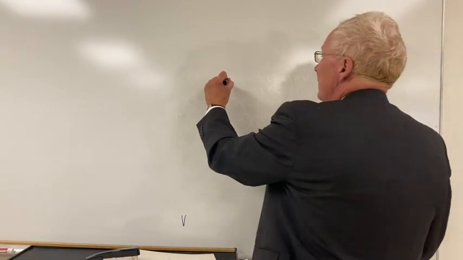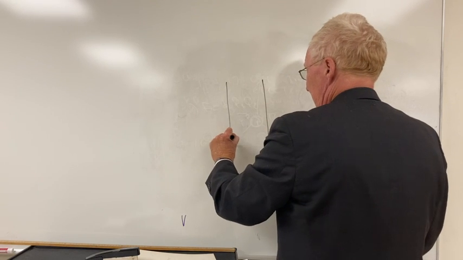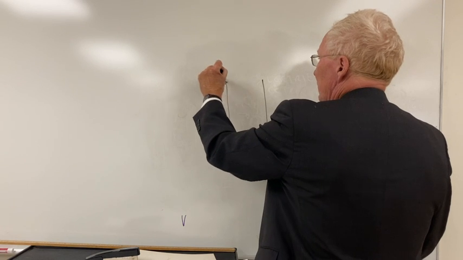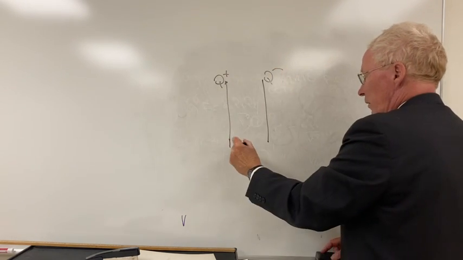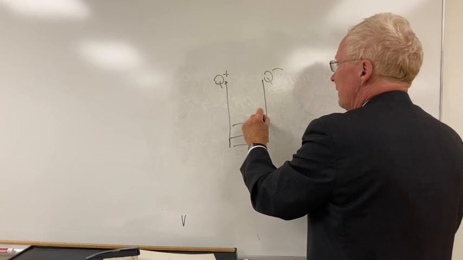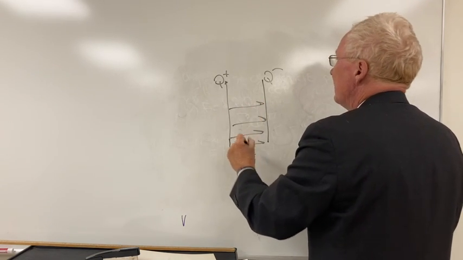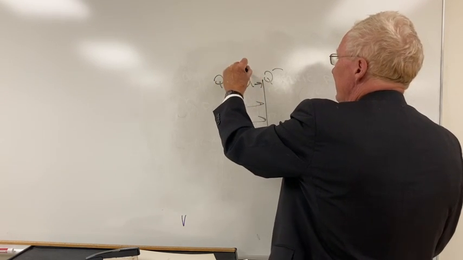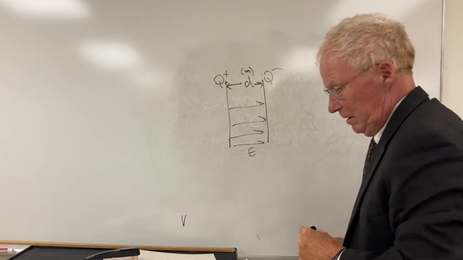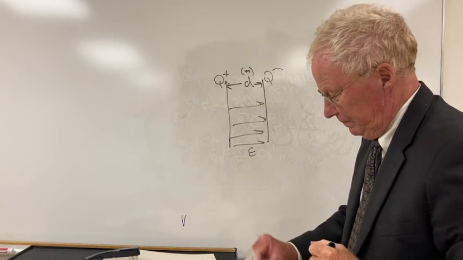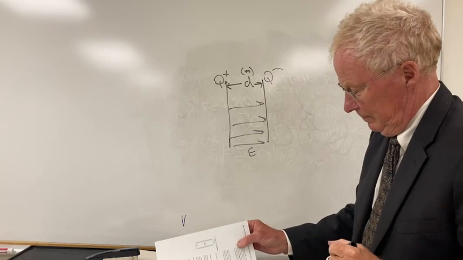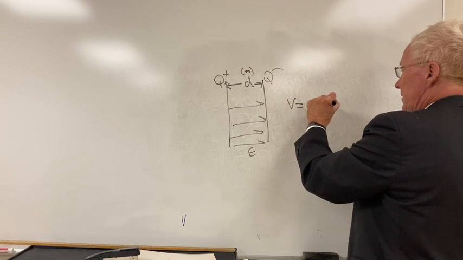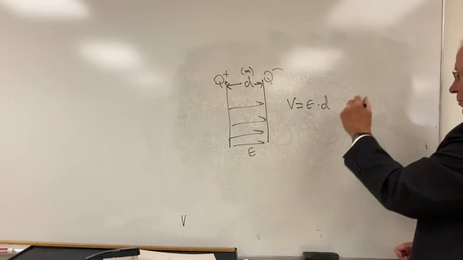We talked about if we have charge plus, minus, we have an electric field E inside, and if it's separated by a distance D in meters, the voltage is E times D. So this is what we call a volt.